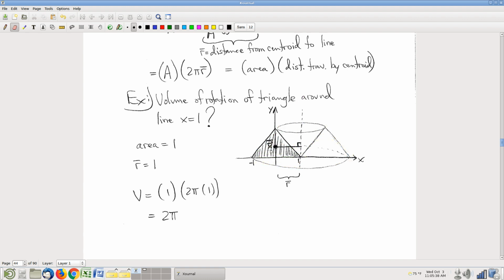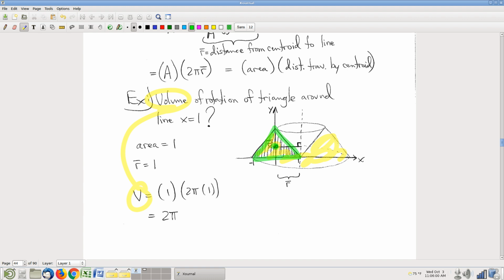Well, this fits perfectly into the situation. So all the rules are satisfied, and the volume that I don't know relates to how far the centroid of this triangle moved. And the triangle is pretty clear where the centroid is.